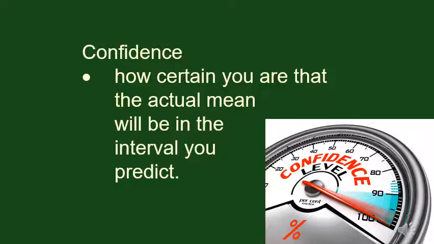That idea of confidence really is important when we're doing estimations and statistics. Confidence is how certain you are that the actual parameter, like the actual mean or the actual percentage you're trying to estimate, is in the interval that you predict. If I say I'm 95% confident, there should be a 95% chance that the actual answer is somewhere in that interval.